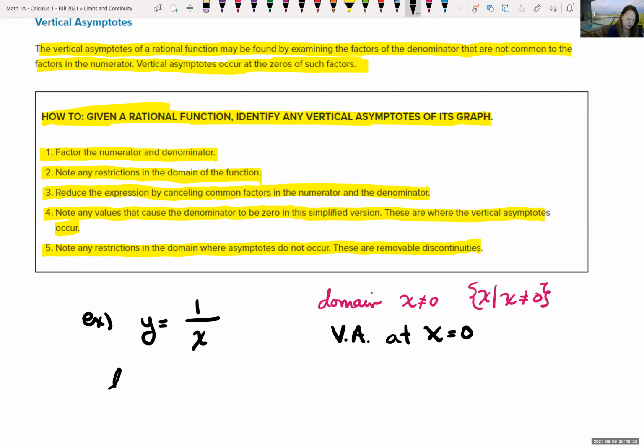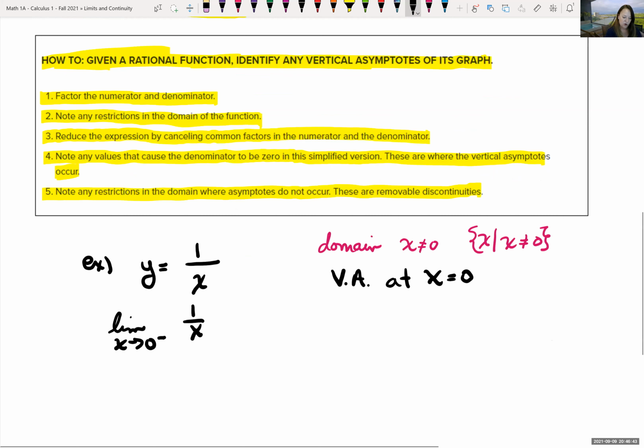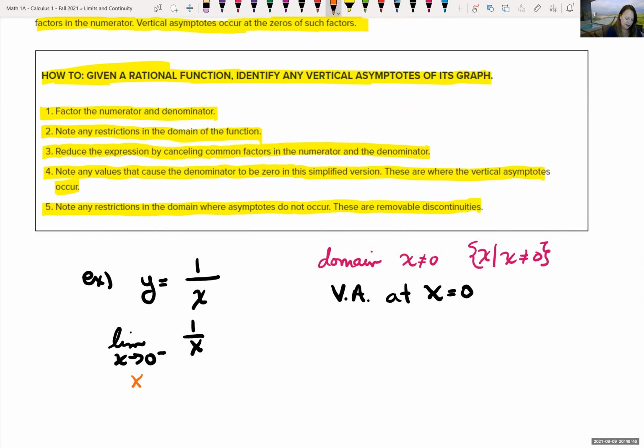So let's look at the limit as x is approaching 0 on the left-hand side. Think about this for a second: what type of numbers are you plugging in? Notice that we're plugging in numbers that are less than 0, so they're negative. And if I put 1 over a negative number, I get back a negative number. Also think about this: 1 over 1/2 is the same thing as 2.